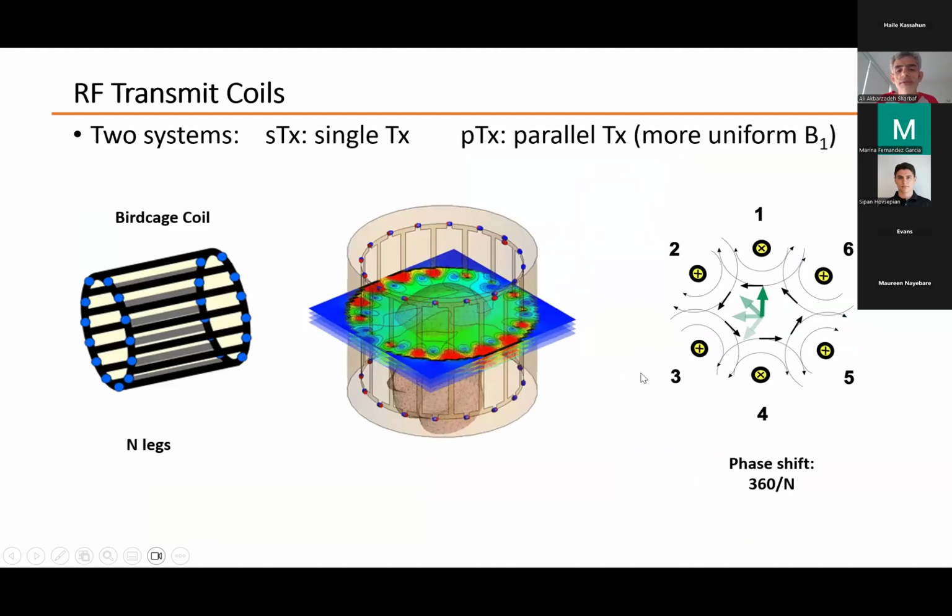There are different transmit coils that are used in practice. One of the simplest is the birdcage coil.